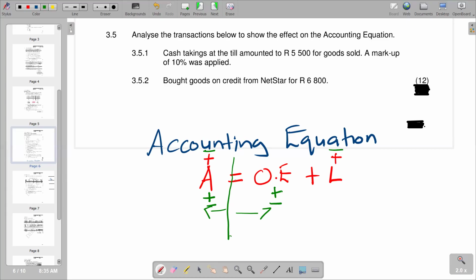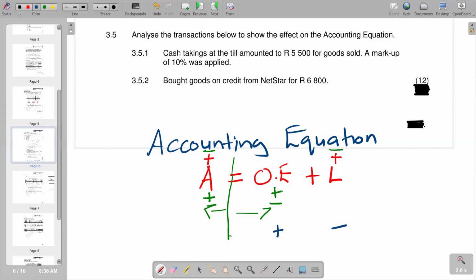But if we have a transaction that is affecting one side, for example owner's equity and liabilities, it means if there's a plus on owner's equity, you're going to notice a minus on liabilities. We might also have a transaction that is affecting only assets, involving two entries which are both assets.